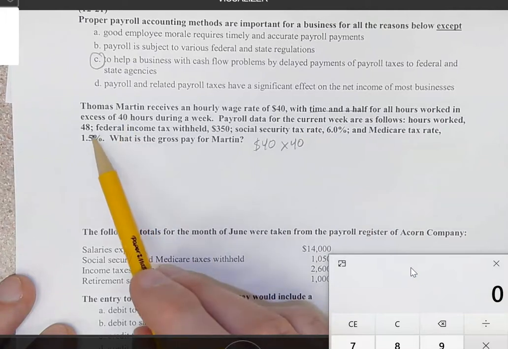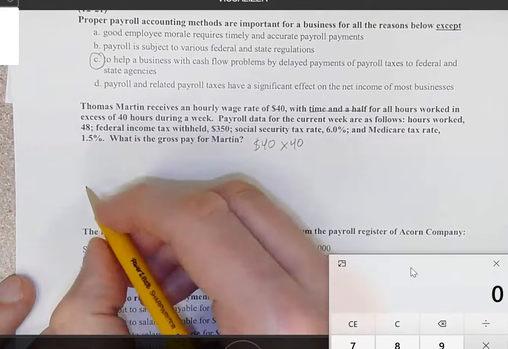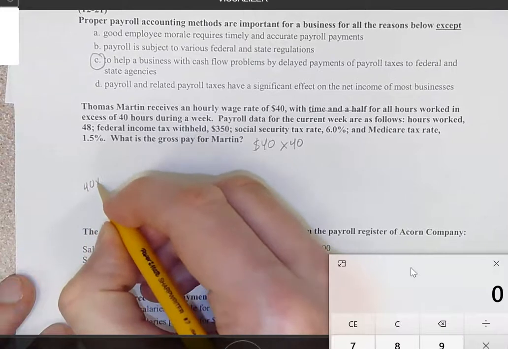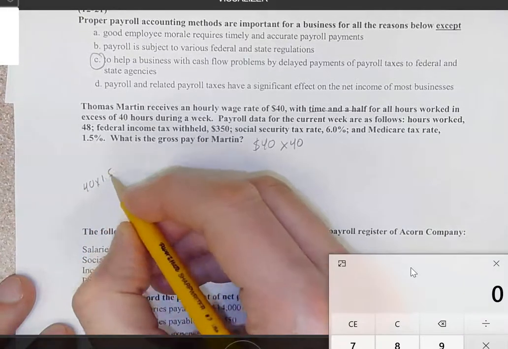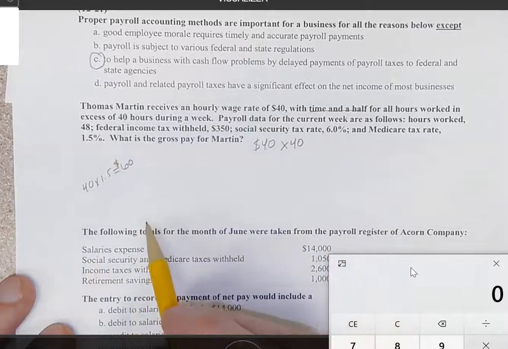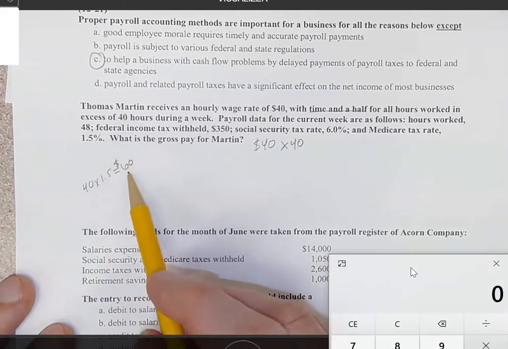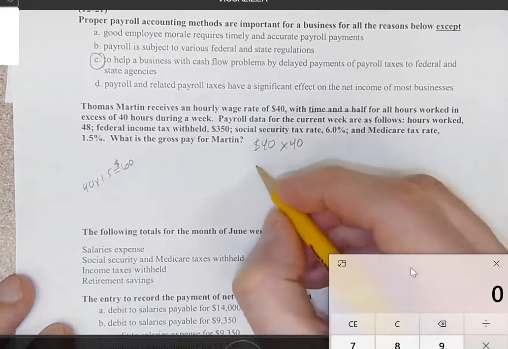Well, he worked 48. So if we were to take 40 and multiply by 1.5, we would get 60. So what that means is that for 8 of these hours, 48 minus 40, he's going to get paid $60.